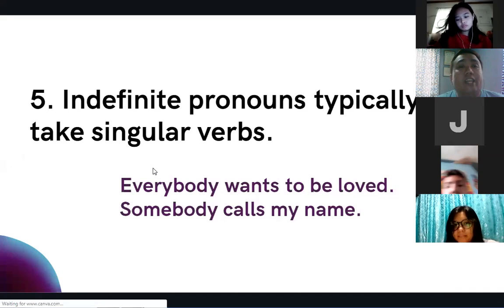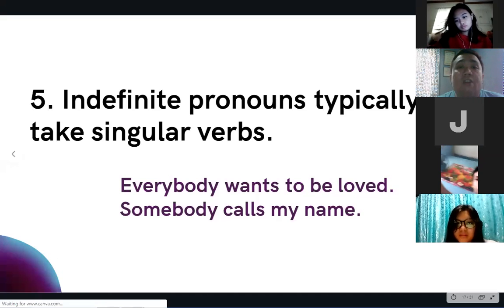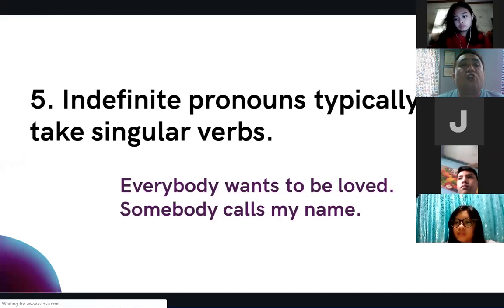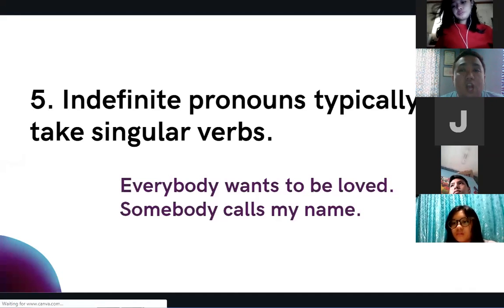Malinaw, kaya siya tinawag na indefinite, we do not have the exact number or we do not have the exact gender. Kasi meron tayong iba't ibang uri ng pronouns, diba? Meron tayong feminine, masculine, pero ito indefinite because we don't know the gender, we don't know the number. Okay? However, according to the subject-verb agreement rule, if you have an indefinite pronoun as the subject of the sentence, yung verb mo ay laging singular.